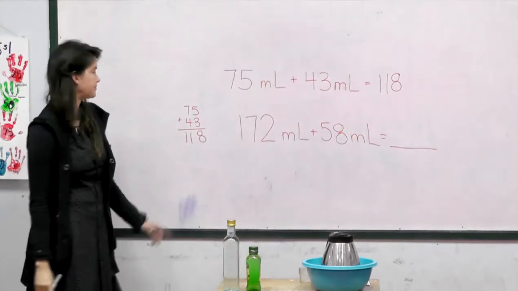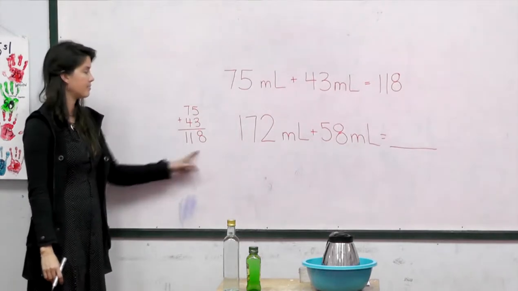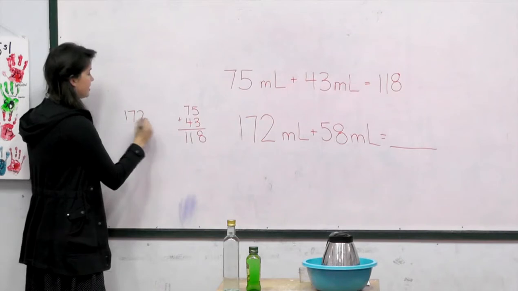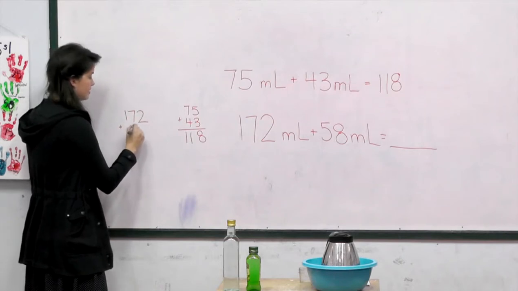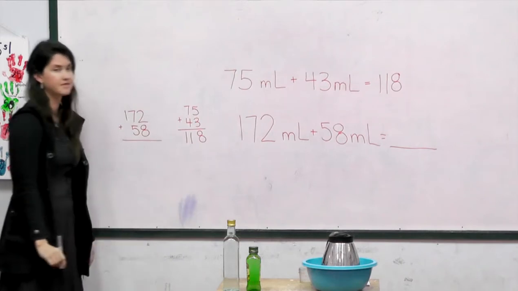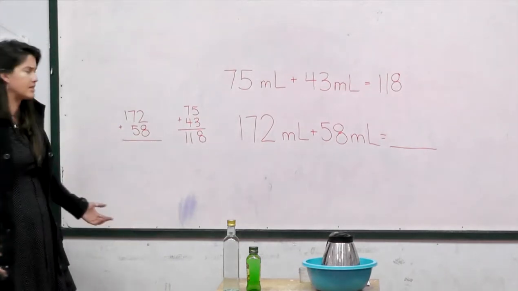What's the answer? Good. You can add it up on the side just like this. We'll put our numbers on the side here. 172 plus 58. How do we solve this equation?